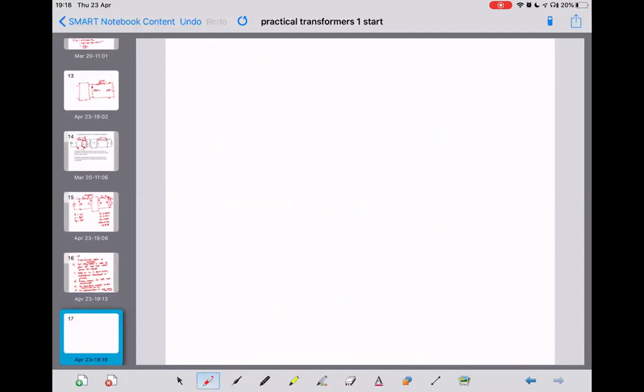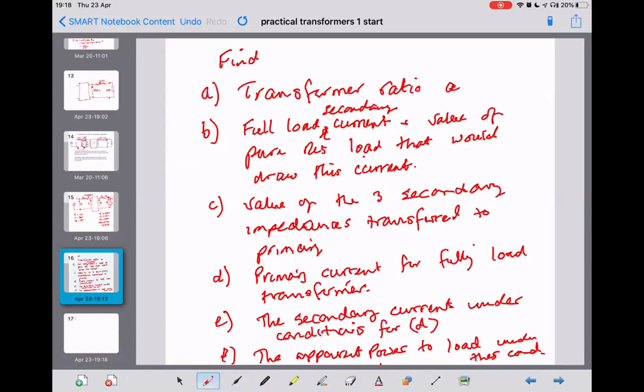So first of all, sorry, can you go back to the other slide? For F it says the apparent power to load under this what?